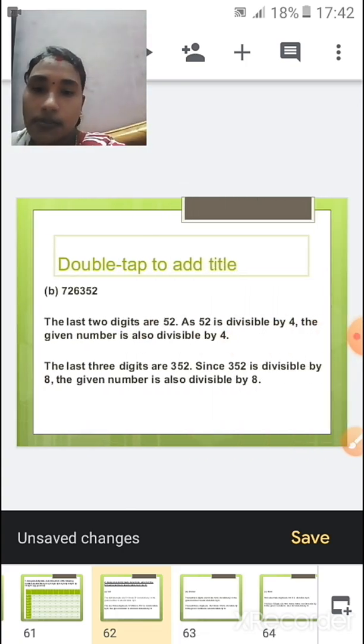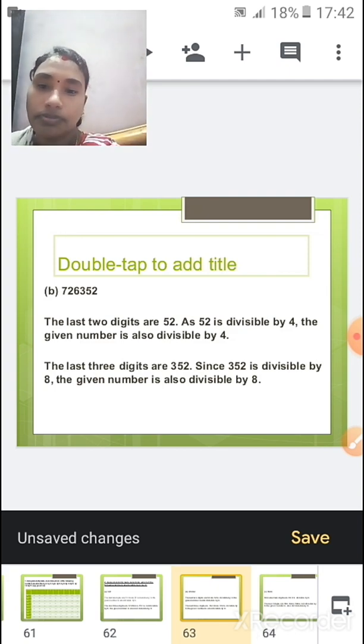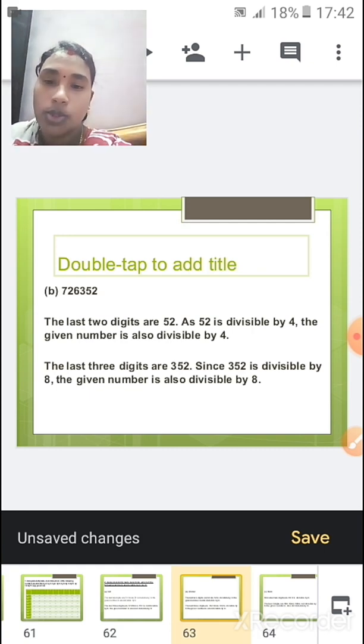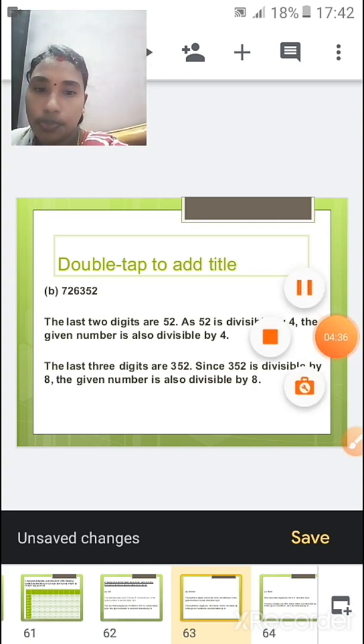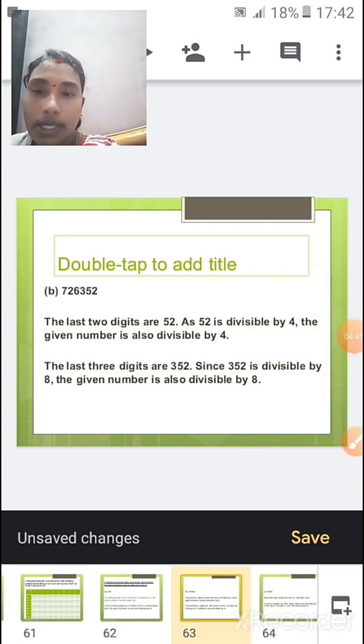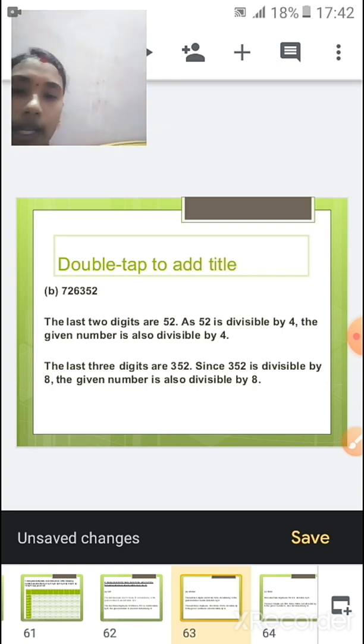Okay. So next we are going to see the second sum. So here we have a bigger sum. So what is the number given here? 7,26,352. Let me repeat. 7,26,352. So now we are going to divide it by 4. So how many numbers we have to take? We have to take the last two numbers for 4. So will 52 go in 4 tables?